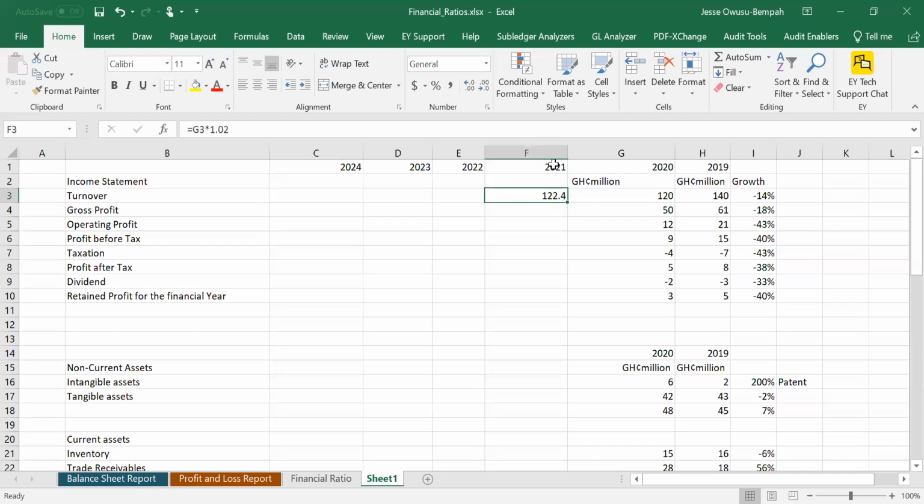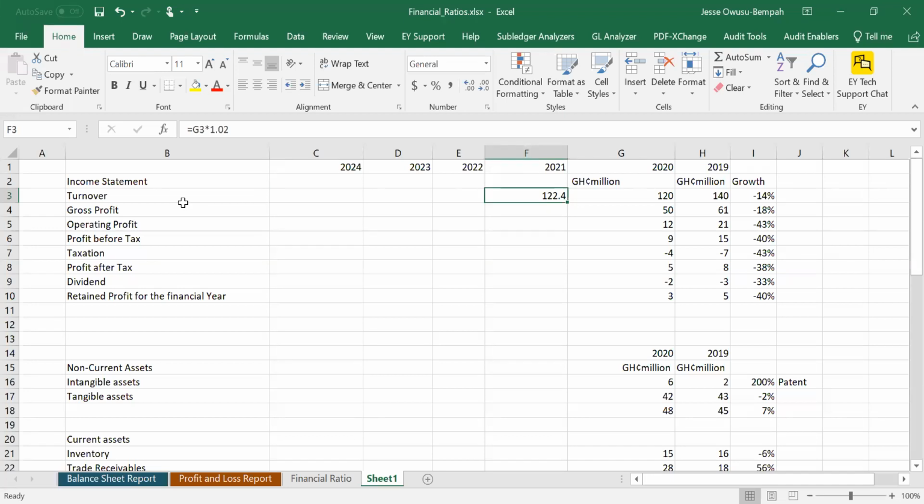Then they can say cost of sales. These are assumptions that you are given. They can tell you cost of sales is 70% of turnover from 2021 to 2024. The reason I'm using imaginary numbers is we don't have anything like that in the case.